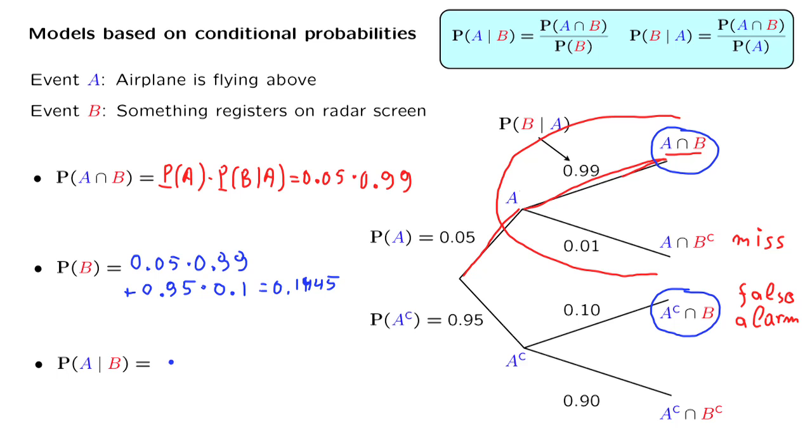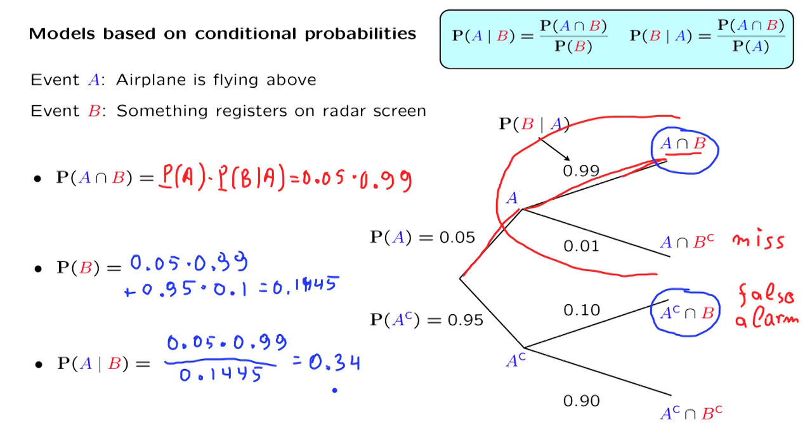So the numerator is this number 0.05 times 0.99, and the denominator is 0.1445, and we can use our calculators to see that the answer is approximately 0.34.